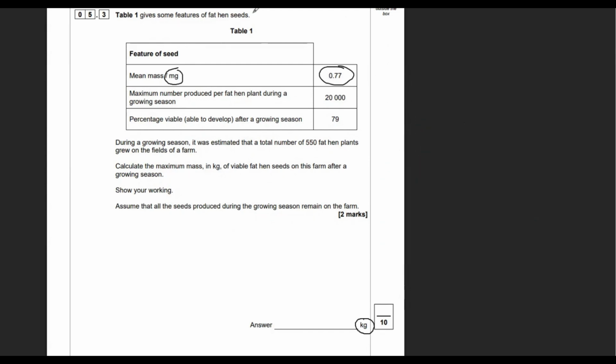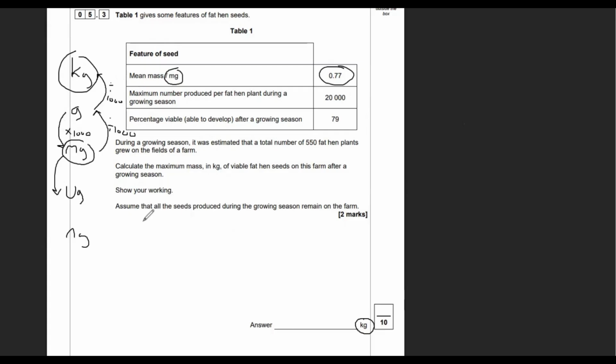Let's go. Okay, so we can see the mean mass is in milligrams here, 0.77, but we actually need to convert to kg. Look, I circled it down there in the answers. So you've got to know your steps. When you're moving down from grams to milligrams to micrograms to nanograms, you multiply by 1,000. So it's kind of counterintuitive. As you go smaller, you times by 1,000. As you go bigger, you divide by 1,000.